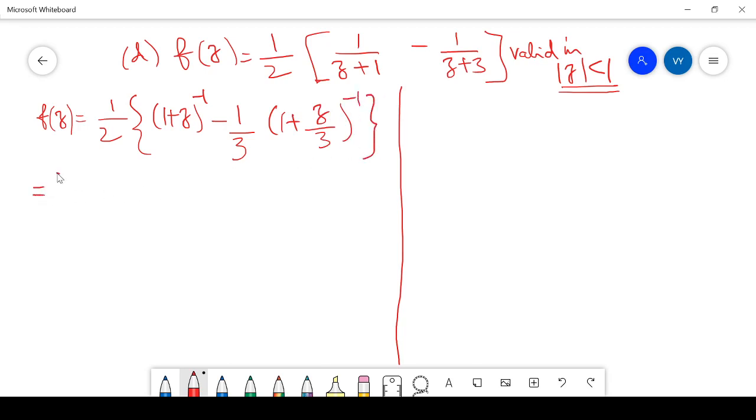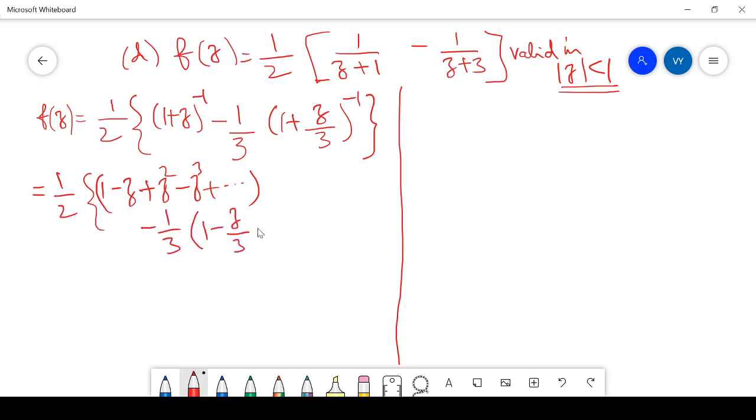So when I expand this, I will have 1 by 2 times 1 minus z plus z squared minus z cube plus so on. Okay. Minus 1 by 3 times 1 minus z by 3 plus z squared by 9 minus z cube by 27 plus so on. Okay, this will be the expansion.